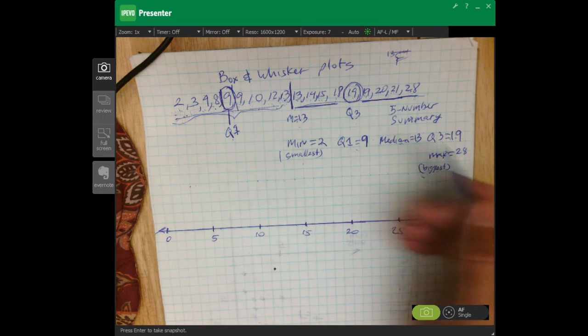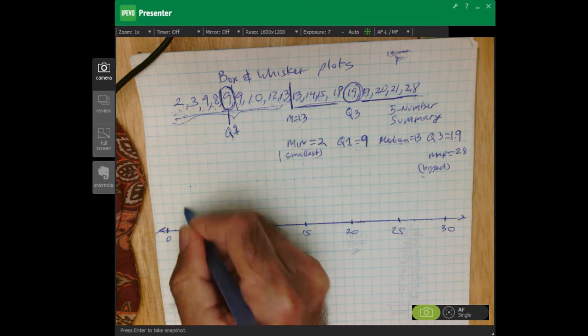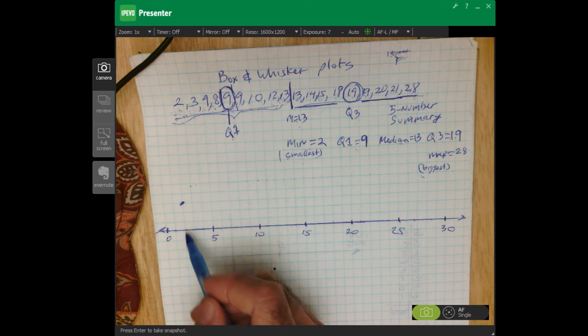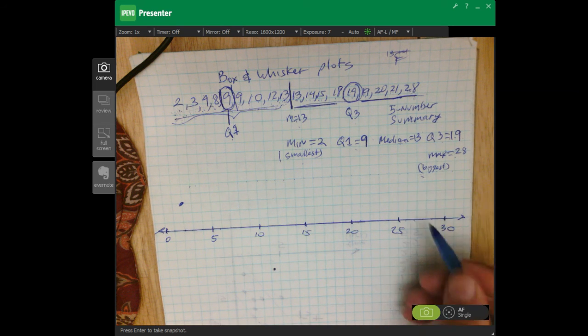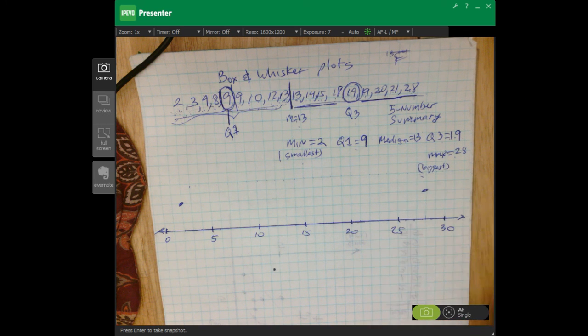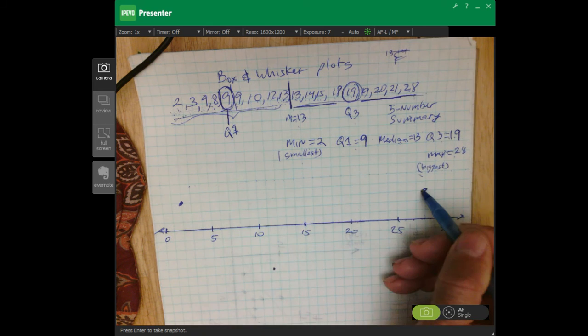So I'm going to plot my minimum number, which is 2, and I'm going to put it right here. I'm going to write it above the number line, and then I'm going to go to my maximum, which is 28, and I'll go the same distance up, and now we have 2 dots, and I'm just going to connect these.